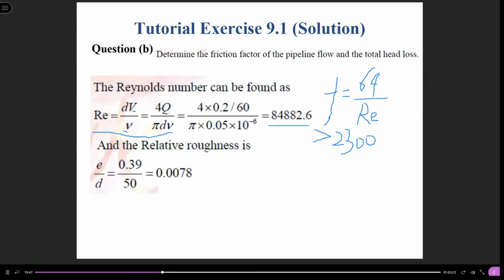To find the friction factor, we also need to know the relative roughness, right? It can be calculated by this equation. The roughness of the pipe has been given.